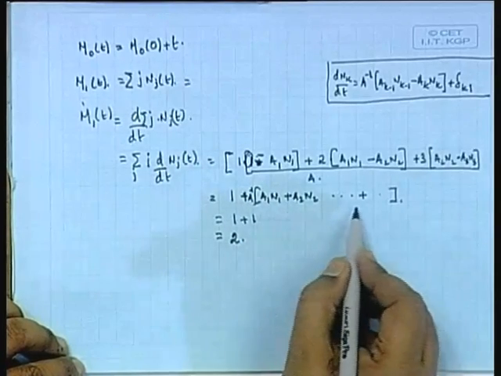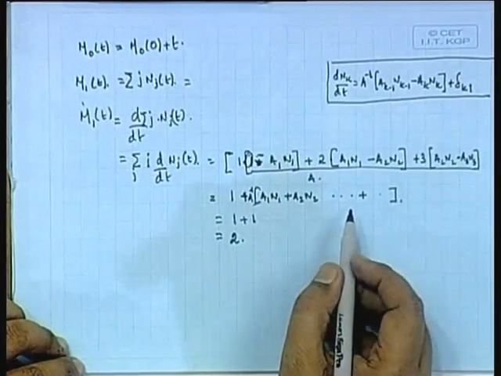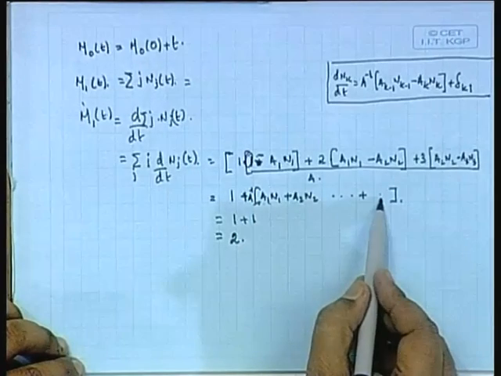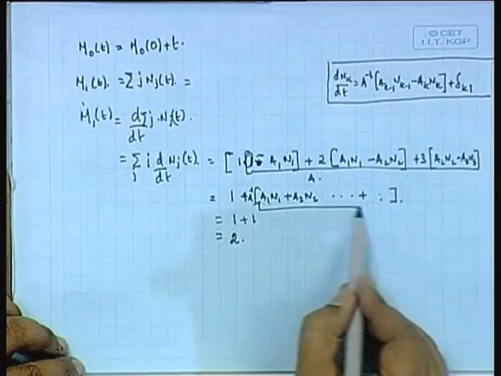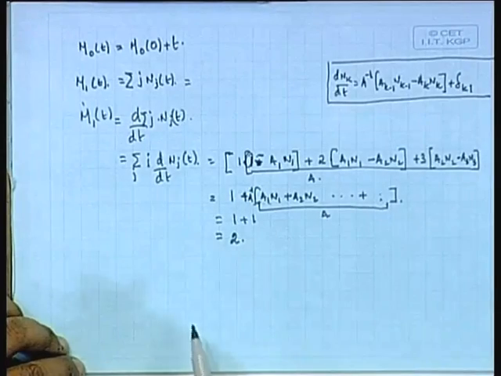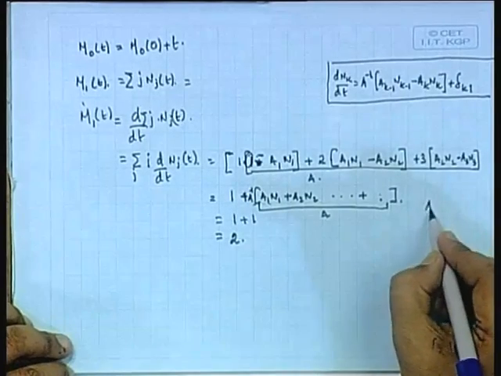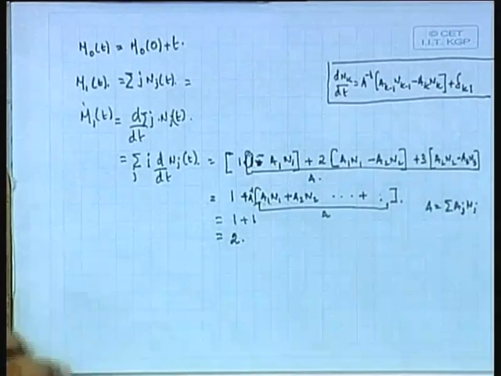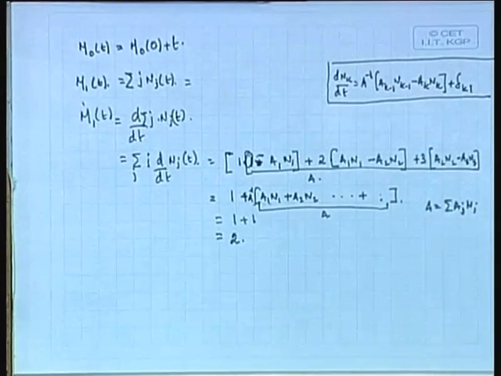You understood why this becomes 1? Because A is the normalizing constant, and this part is basically the summation of a_i n_i, a_j n_j.